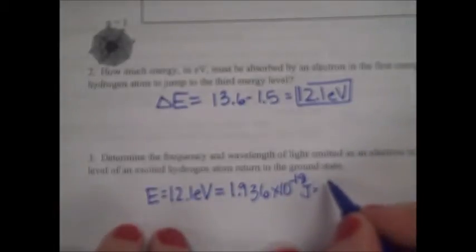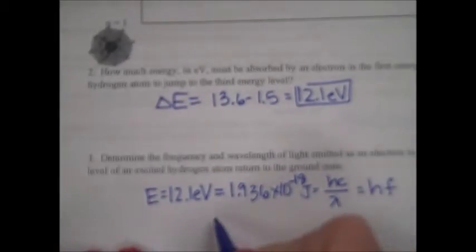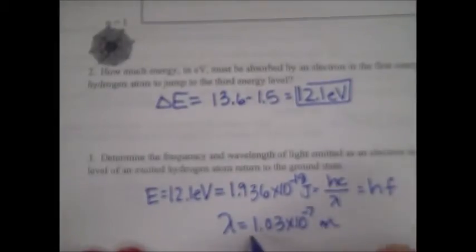If we set that equal to hc over lambda, or hf, I found the wavelength would be 1.03 times 10 to the minus 7 meters, and the frequency would be 2.91 times 10 to the 15th hertz.